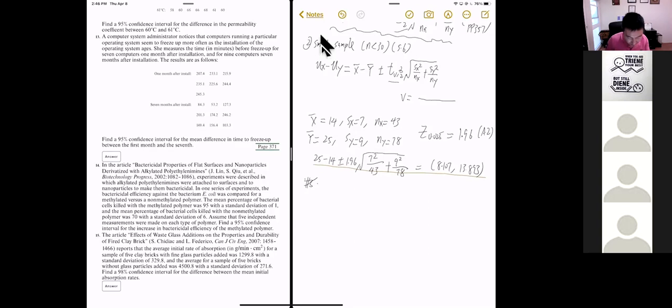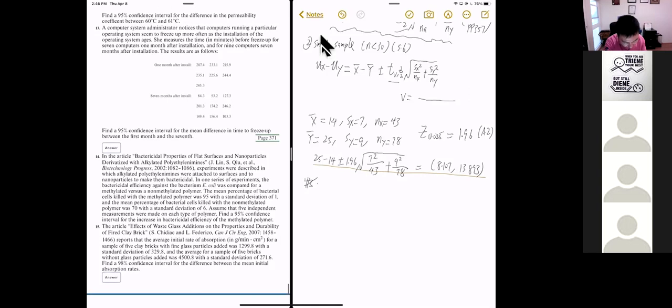In one series of experiments, the bactericidal efficiency against the bacteria E. coli, which basically means how effective it is at killing that type of bacteria, was compared for a methylated versus a non-methylated polymer. There are two types of polymers, and the paper compares their efficiency at killing the bacteria.